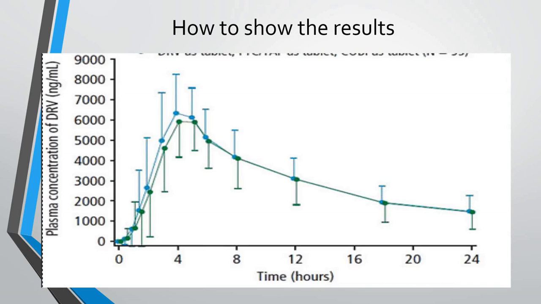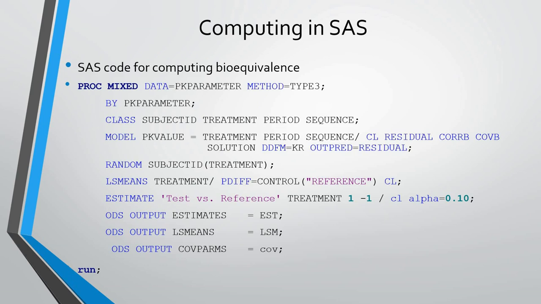Now, how is it computed? In a SAS program, it is computed with the code mentioned below. I'm using the MIXED procedure, that is a mixed model. My data is plugged in here, and for the method I am giving type 3. There are several methods to estimate contrasts and LS means, compute the p values, compute the confidence interval and estimate the difference.